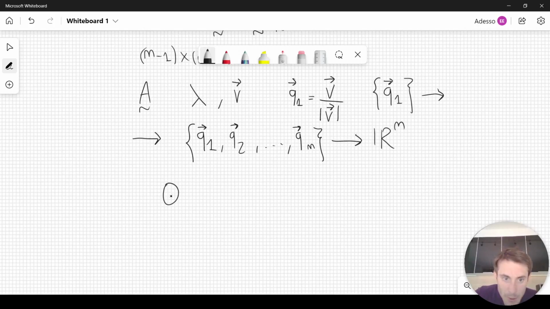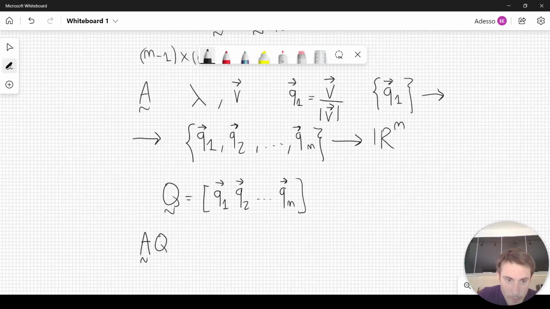Now we define the matrix Q, which is given by the first column. In the first column we put the vector Q1, then in the second column Q2, and so on. In the nth column we put Qn. Then if we consider the product between A and Q, this can also be written like this.